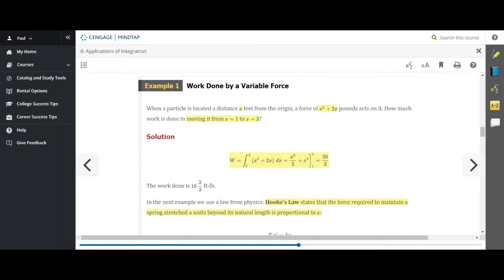The solution is to just take the integral of your force function from limits 1 to 3, and you will get 50/3. So the work done is 16 2/3 foot-pounds. That's your work done.